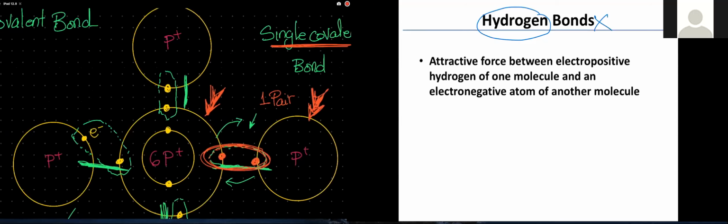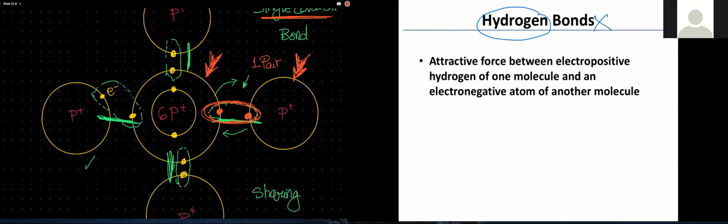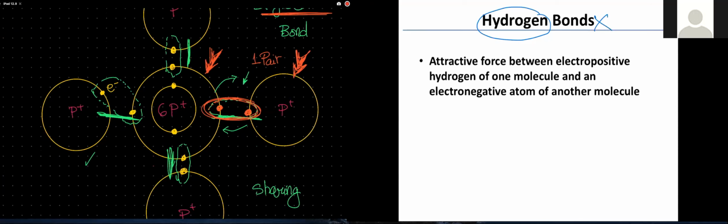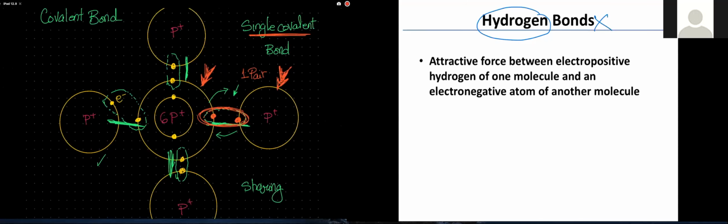How many single covalent bonds do I have in this compound? So the carbon has 1, 2, 3, 4 single covalent bonds. All right.